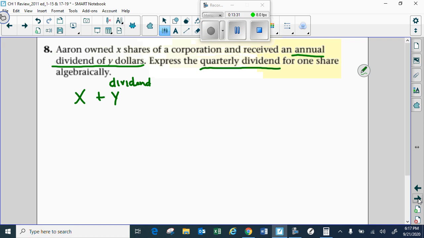So that means I have to divide Y dollars by 4. That's now the quarterly dividend, the total amount for the quarter. But then we have to divide that by the number of shares, because we want it for 1 share. And so there's my algebraic expression: Y divided by 4, over X.